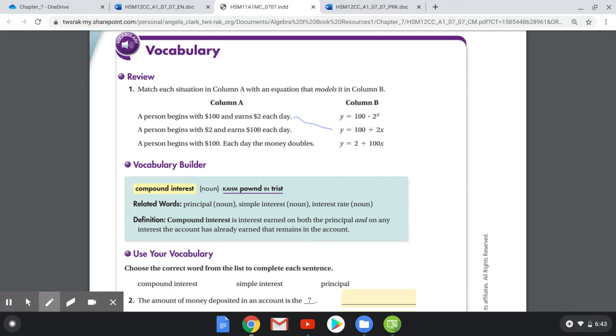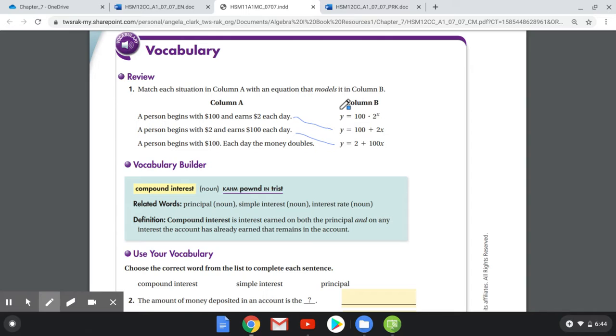And then if I start with 2 and I'm adding 100 each day, that's going to be this one. And then if I begin with 100 and it doubles each day, that's the same as multiplying by 2 each day. That's what that means. And so that's going to be exponential. Every time you're multiplying by something each time, that's exponential.